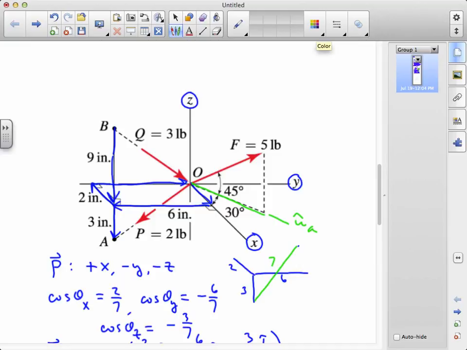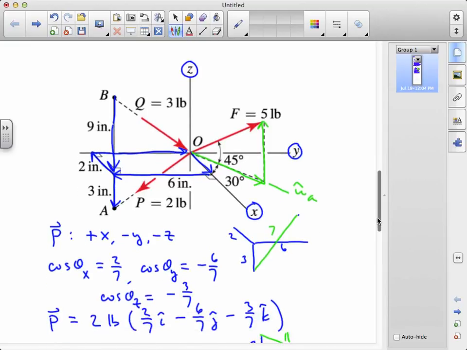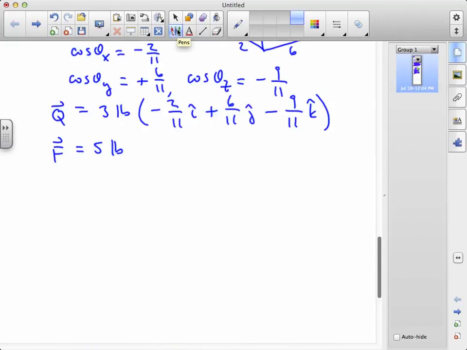And our first decomposition can be along UA and along K. And we can see from that what we'll have for F: 5 pounds cosine 45 degrees along UA plus 5 pounds sine 45 degrees along K.